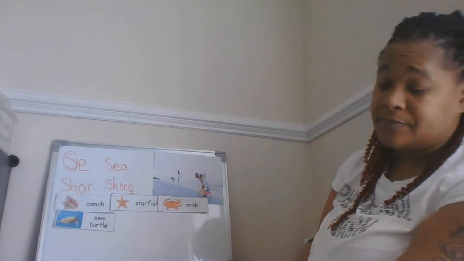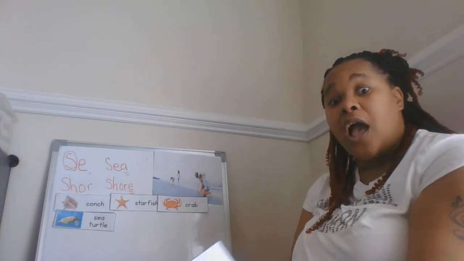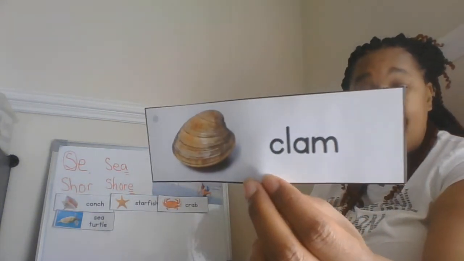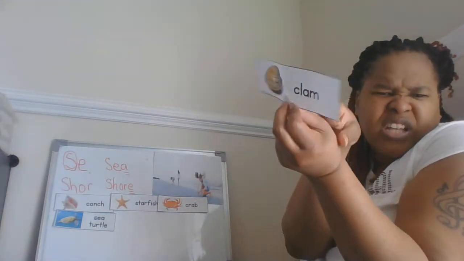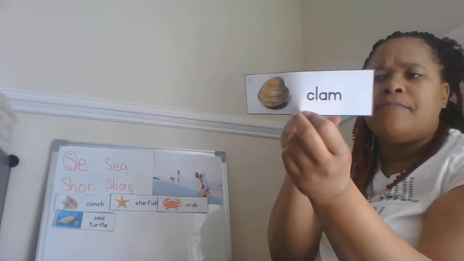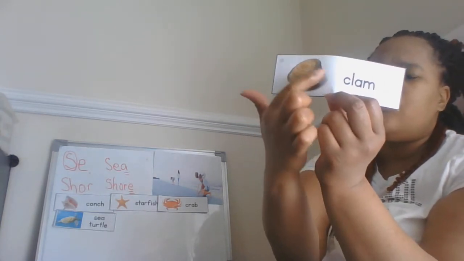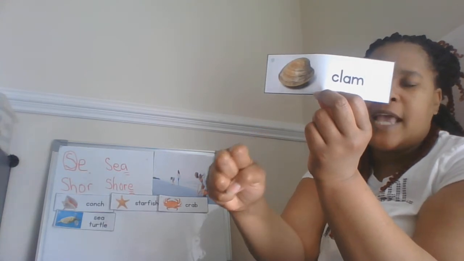Miss Trina loves them. She puts them in her crab boil. A clam! I am a clam. They're closed up. You ever heard your mama say, "Oh, you all clammed up"? That's because those two muscles keep it closed up to protect it.